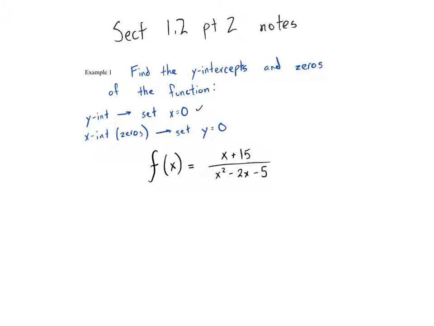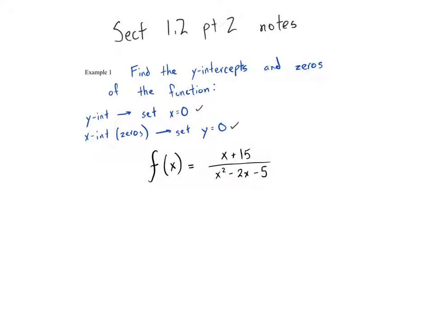The x-intercept, also known as the zeros, are where y equals 0. So graphically, the roots, the zeros, are where it crosses the horizontal line, the x-axis, very good. And we just set y equals 0.